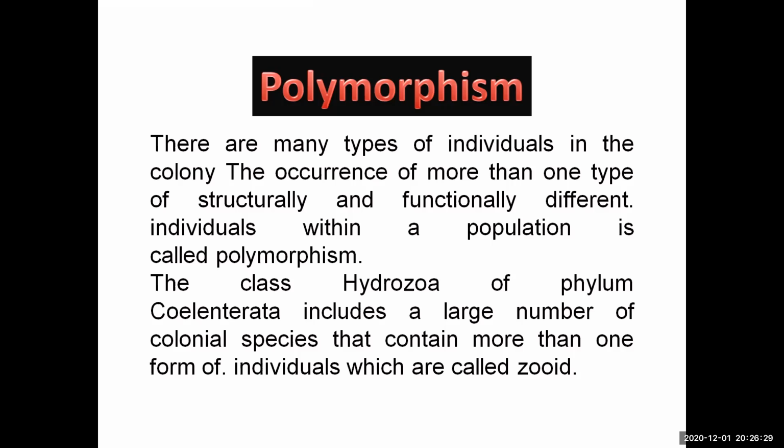Similarly, Obelia is a single colony and it has different types of individuals like gastrozoids, gonozoids and medusa in the colony. They belong to the same species, but the zooids are structurally and functionally different. This occurrence is called polymorphism.